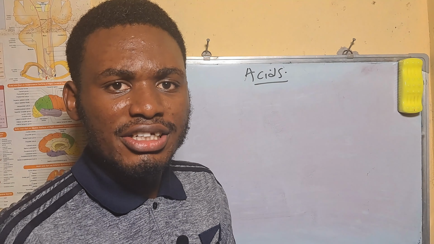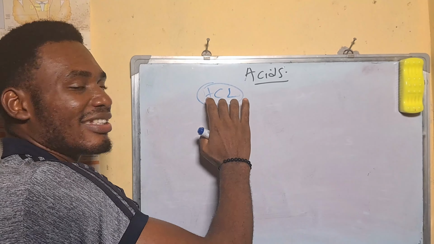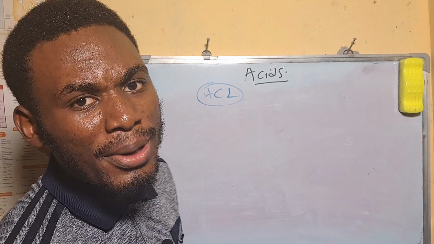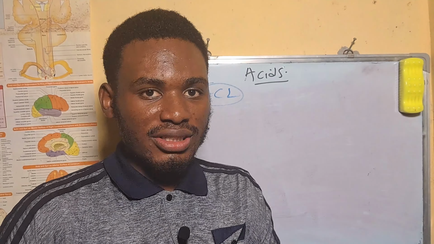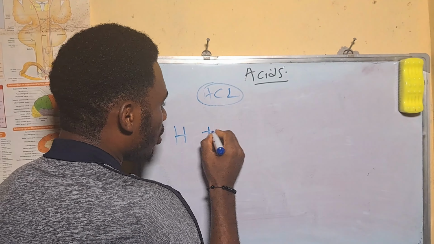Also, you can form acid when you combine the major constituents of that acid. For example, you want to form HCl, hydrochloric acid, a very concentrated acid, in a lab setting. You can simply combine the constituents, hydrogen plus chlorine, which is a gas.